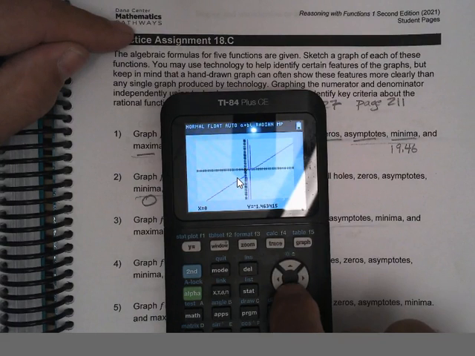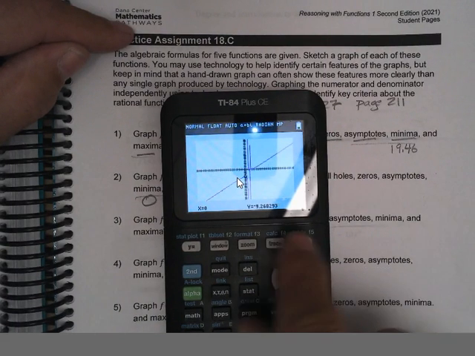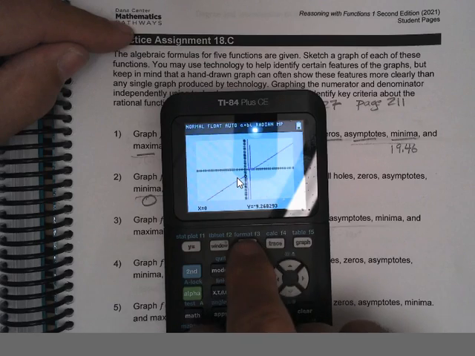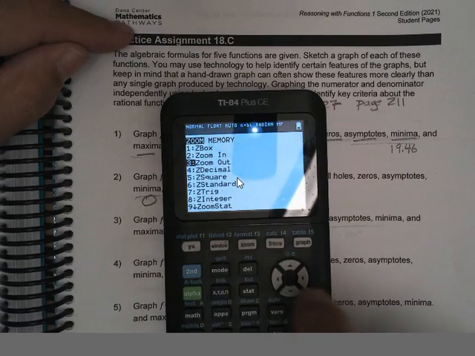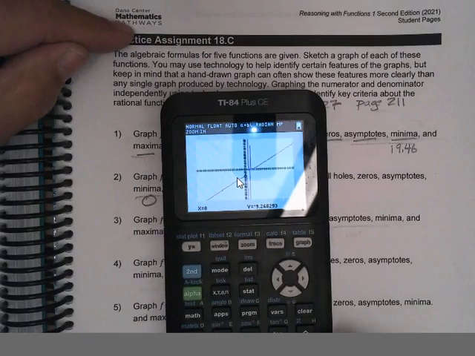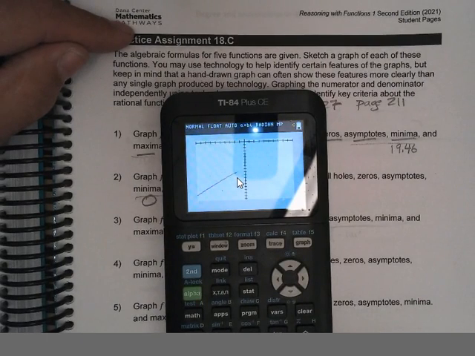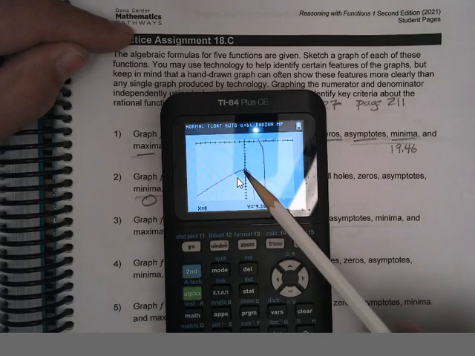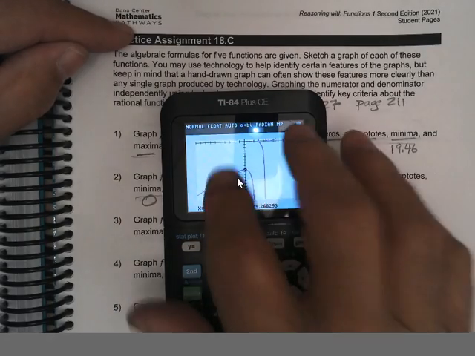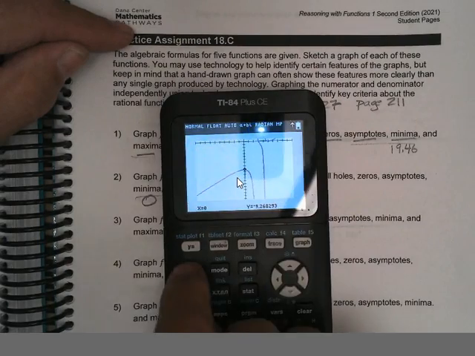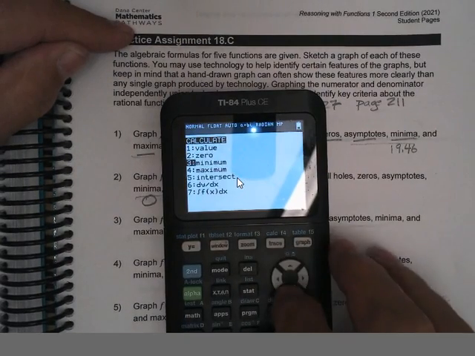Okay, so now I'm going to come down to here. That's where I'm interested in for the maximum, and I'm going to zoom in on that place. It looks like it happens really close to 0, and maybe on the minus side, so I'm going to go second, calculate the maximum.